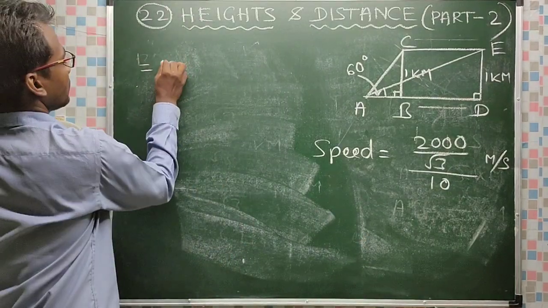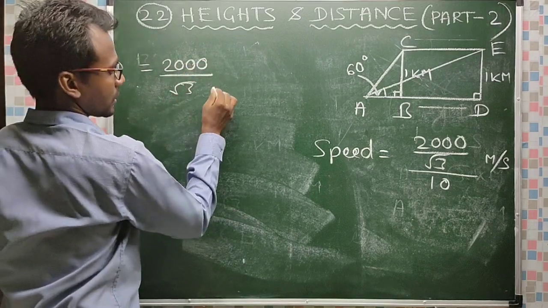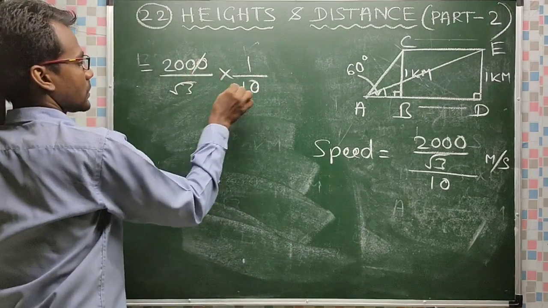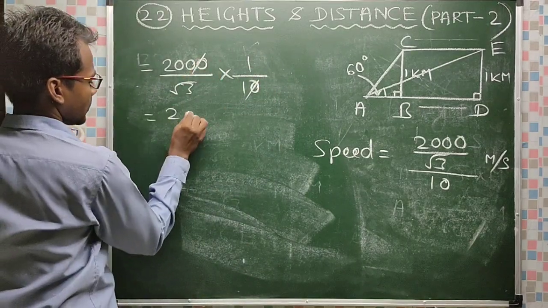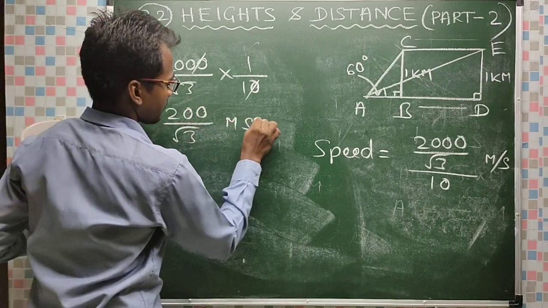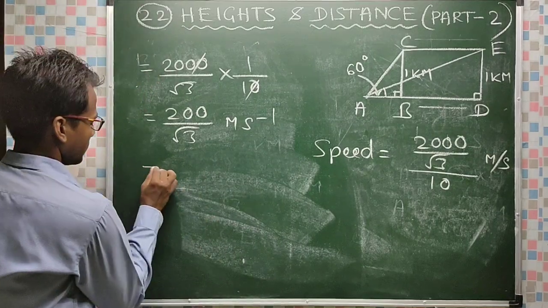That is equal to 2000 by root 3 into 1 by 10. 0 0 cancel. 200 by root 3 meter per second. Now let us convert to kilometers per hour.